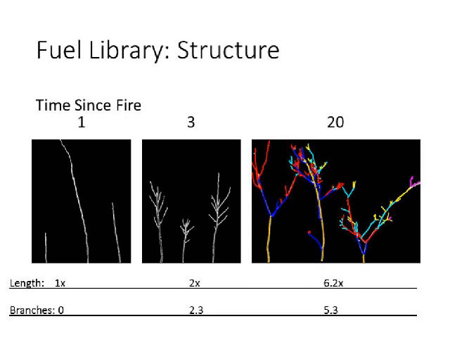As you can see, the structure of a blueberry plant changes dramatically from year 1 to year 20 with time since burning. The overall length of material and the number of branches or levels of branching change dramatically. This can get incorporated into model simulations where we can ask, what is a shrub layer that's 2 years post-prescribed fire going to burn like versus one that's 20 years post-prescribed fire? And we can analyze how flow in these different environments will vary.